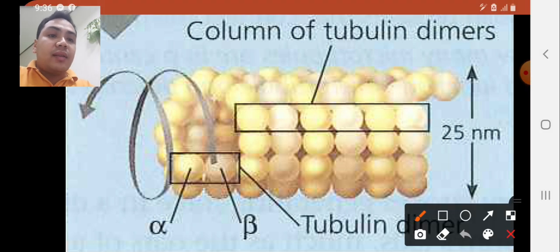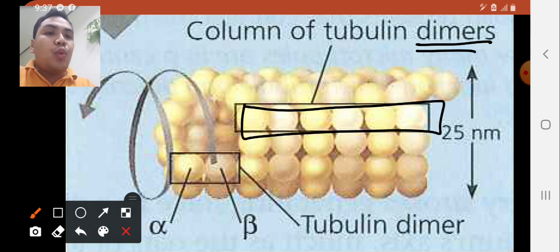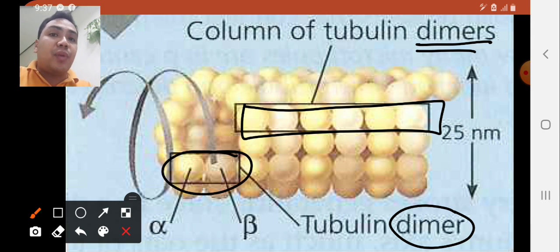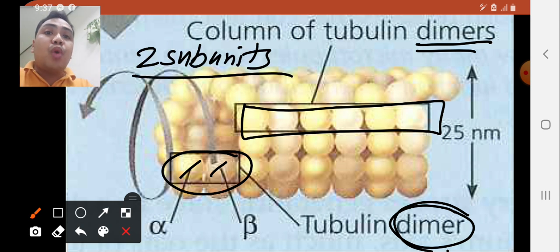And take note that the tubulin as a protein consists of dimers. So we have a column of tubulin dimers. So what do you mean by a dimer? So this will be the definition of a dimer. If you will notice, we have two subunits. So therefore, a molecule that consists of two subunits will be known as the dimer.